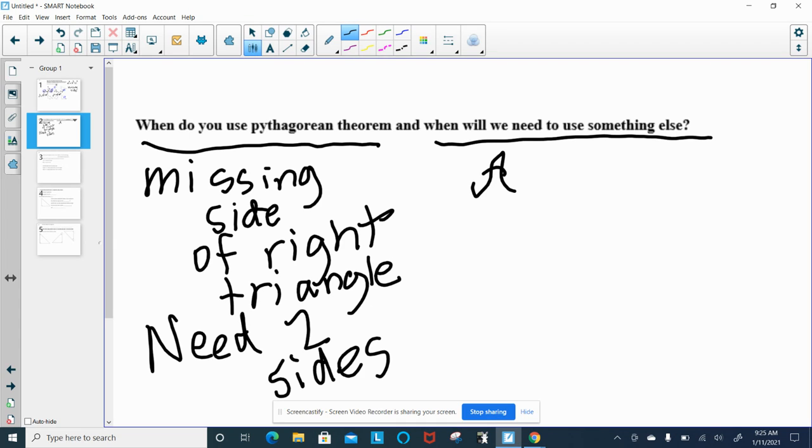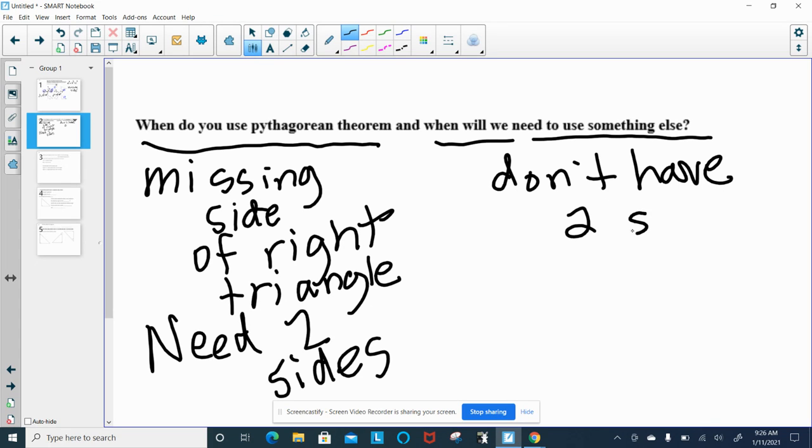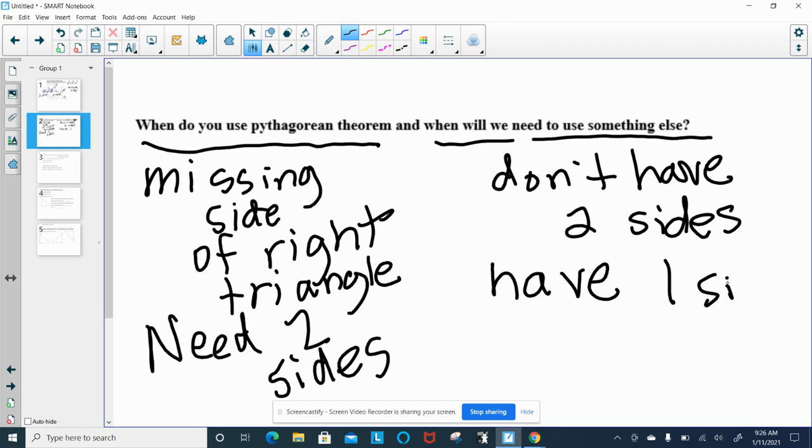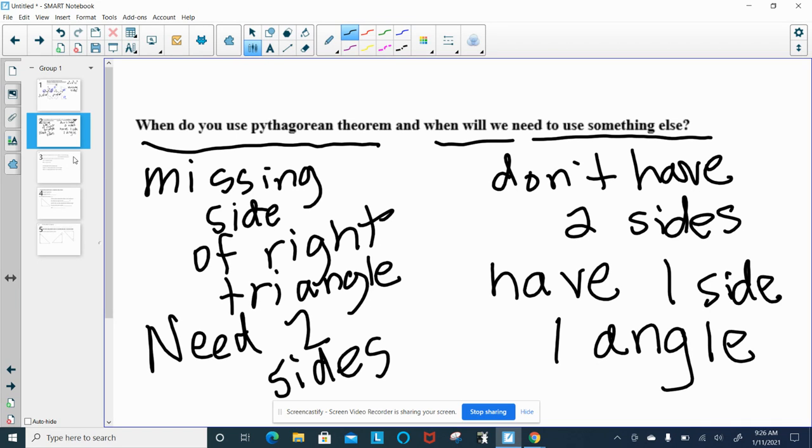Well, that's usually, let me write that a little neater, sorry about that. That's usually when we have a missing side of a right triangle, but we don't have two sides anymore. What we have is one side and one angle. And that's where we have to use something else.